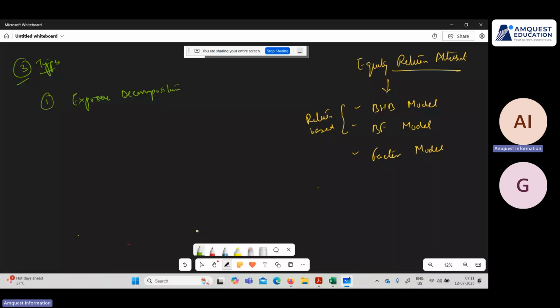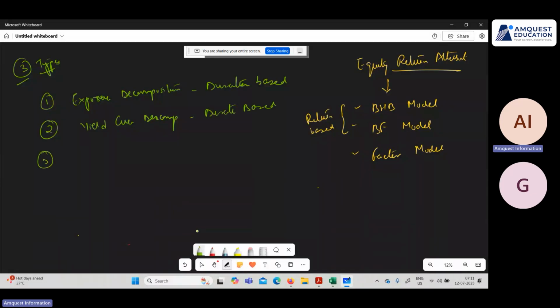The idea here is that one is exposure decomposition, which is duration based, and we'll talk about this in detail. Another one, they call yield curve decomposition, again duration based.